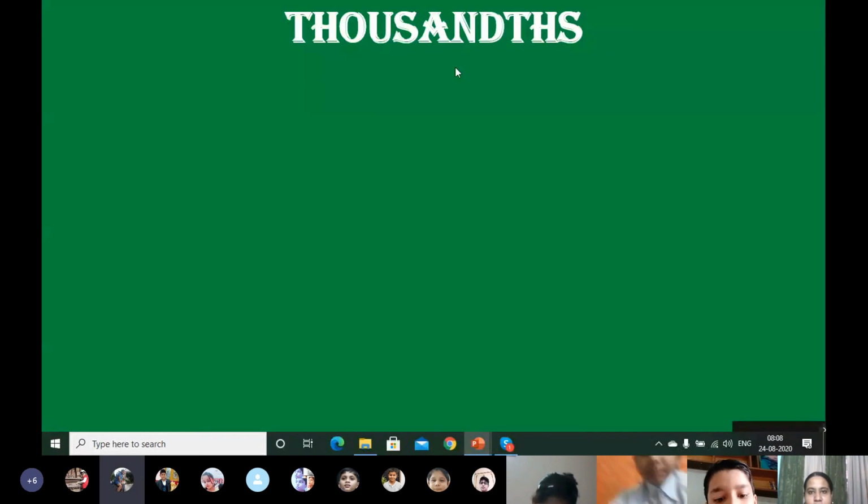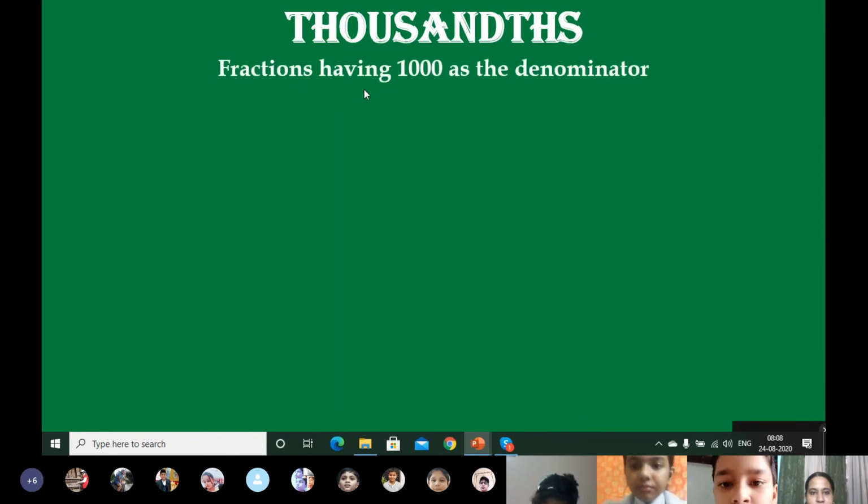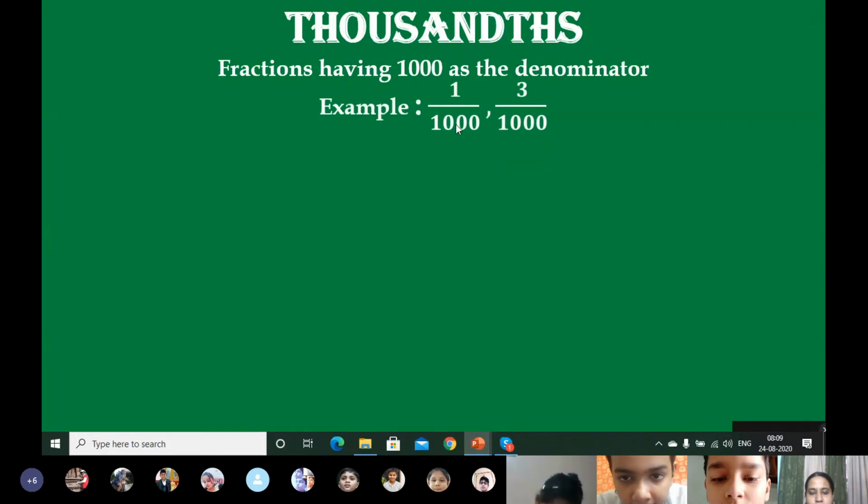Now see what happens to thousandths. If we are talking about thousandths, it means fractions having 1000 as the denominator. Examples are 1 by 1000 or 3 by 1000. I have taken the same numbers with different denominators.